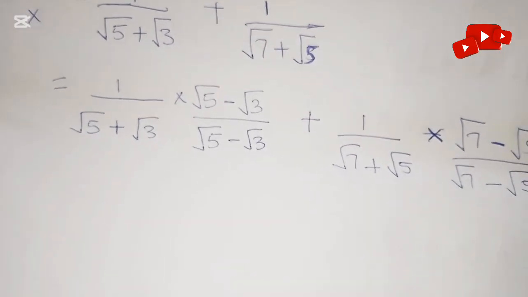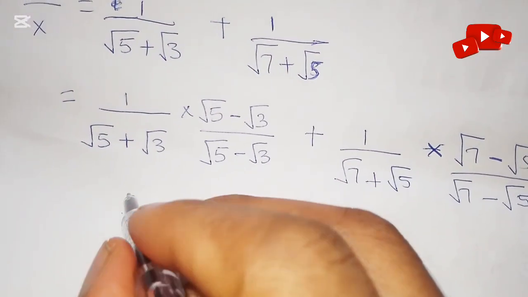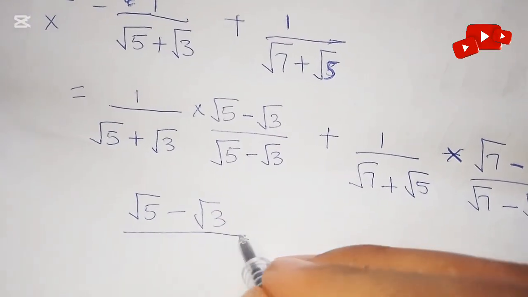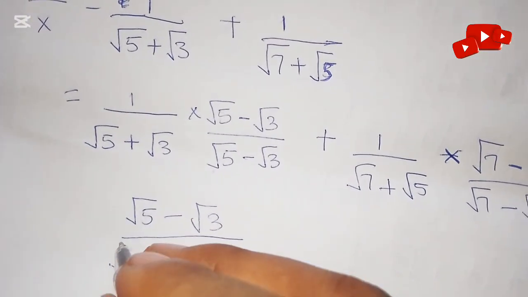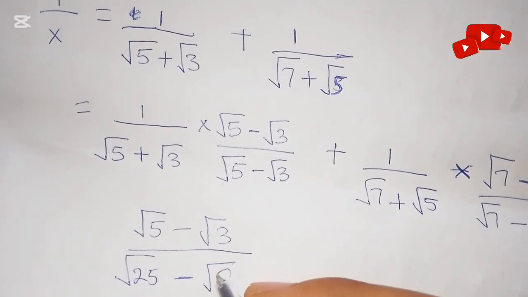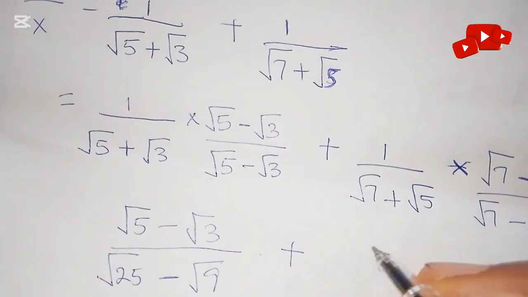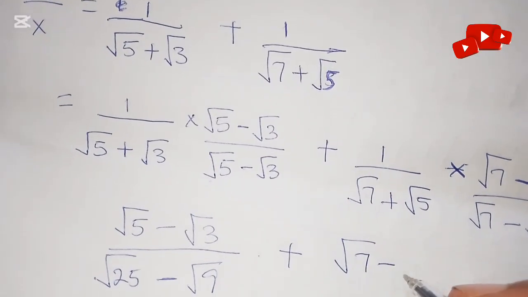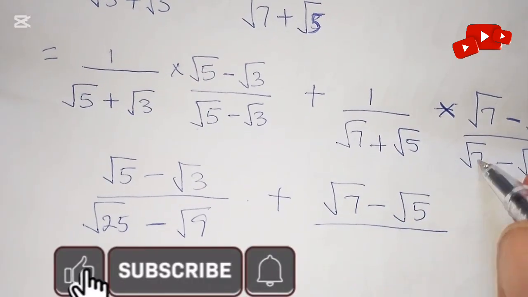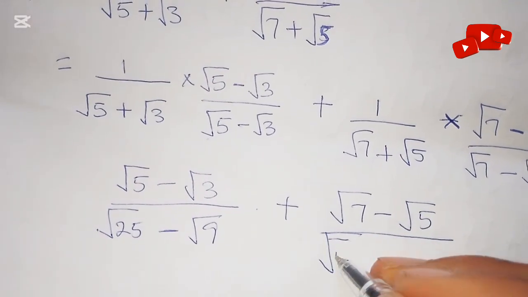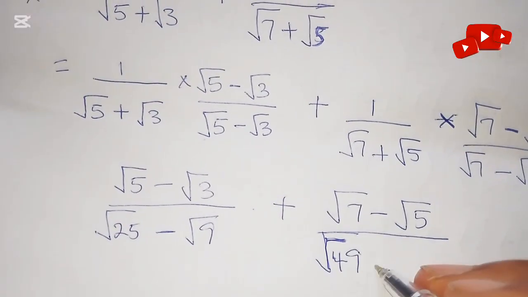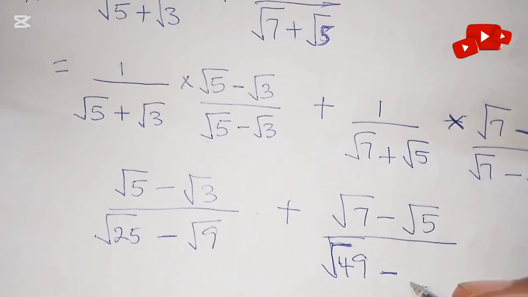So this gives us root 5 minus root 3 all over, this gives us root 25 and this gives us root 9. So we do the same here: root 7 minus root 5 all over root 49 minus root 25.